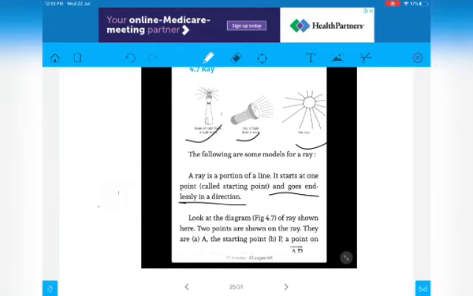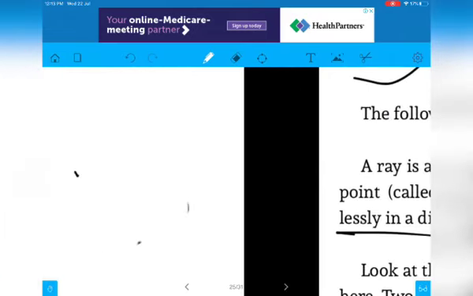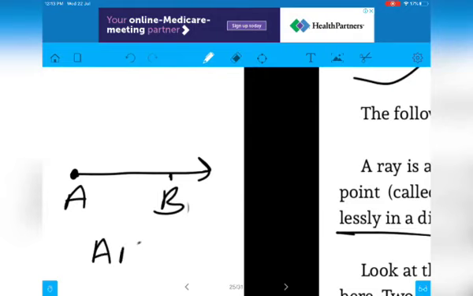These are all sources of light, from where the light starts coming and goes beyond endlessly. So if I make a diagram like this, you will say that AB is a ray.